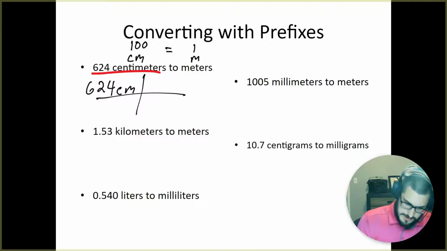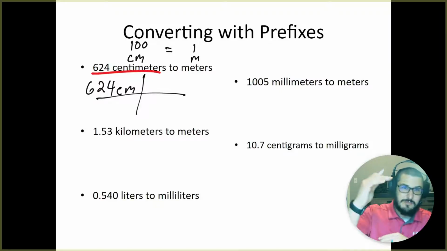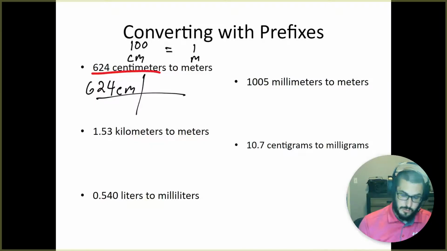So what you need to do, if you remember back to the unit on fractions, something over itself will cancel out. It'll be 1. So then if we have centimeters on top, then we want to have the centimeters part of that on the bottom.